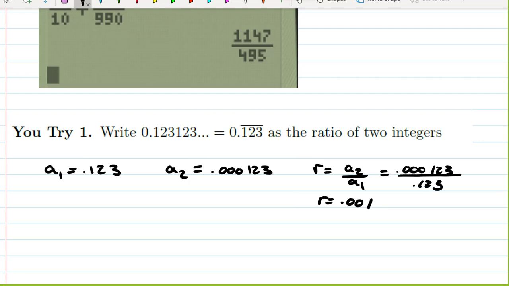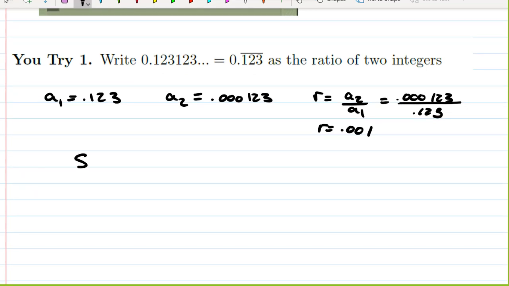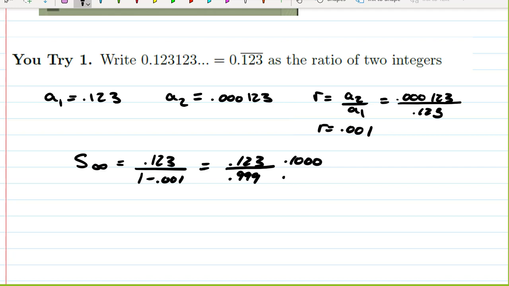So then, our formula for S infinity is A over 1 minus R. So we have 0.123 over 1 minus 0.001, which is 0.123 over 0.999. So if we multiply both the top and the bottom by 1,000 to move our decimal over 3 times, that's 123 over 999.